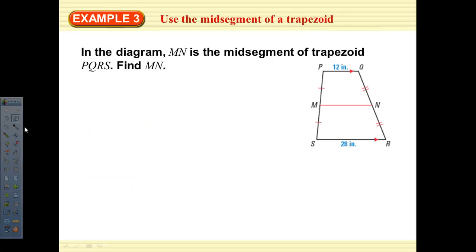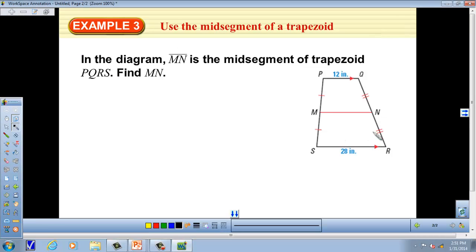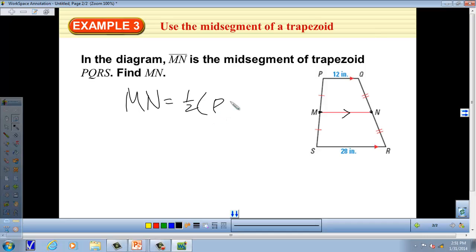And for this one, we're going to look at the midsegment. The midsegment is a line that is parallel to the two bases, where M is the midpoint of PS and N is the midpoint of QR. The formula in this case: MN is equal to 1/2 (PQ plus SR).